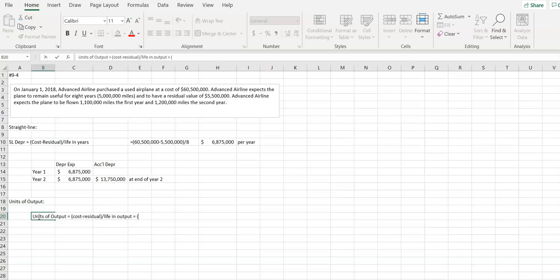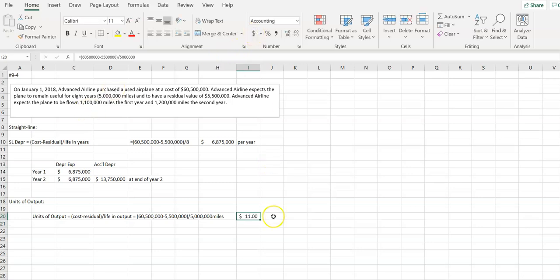So in our case, it's going to be 60,500,000 again, minus 5,500,000, and then divided by 5 million miles. So 60 divided by 5 million. This is too many zeros for my eyeballs. So that is $11 per mile.